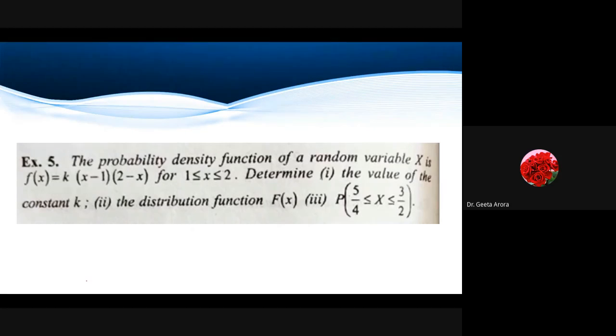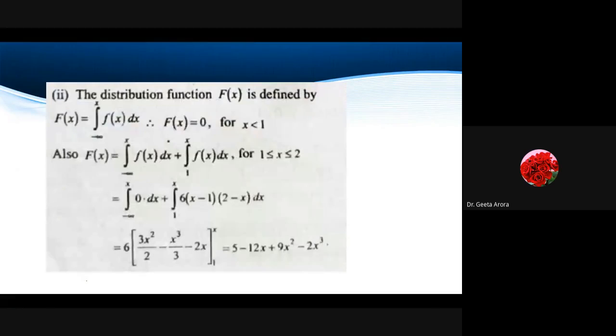Second thing we are saying, the distribution function. If you remember what the distribution function is, we have learned that if it is a discrete one, we say probability of capital X less than or equal to x, and that can be obtained by a summation.